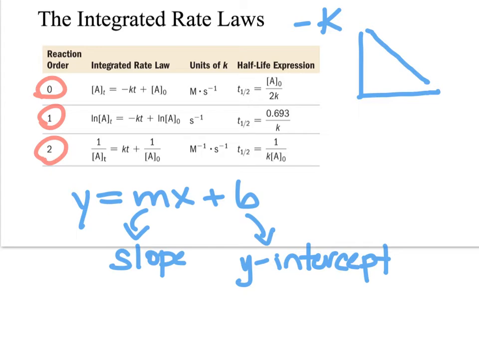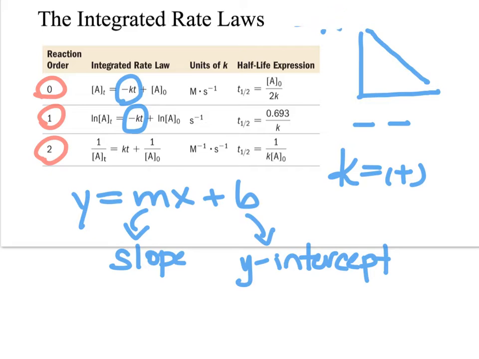So when you're solving for k, don't forget you're taking a negative of a negative, because the value of k will always be positive. K is a positive number, because you have shown in your line formula here negative k. So a negative of a negative will be a positive.